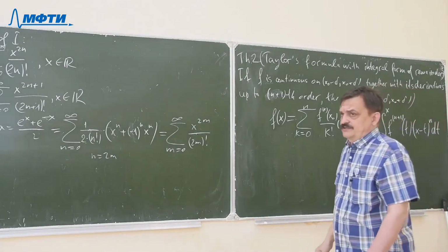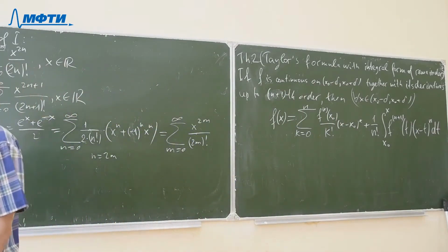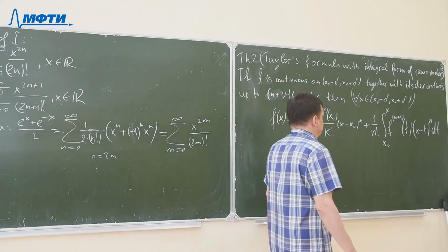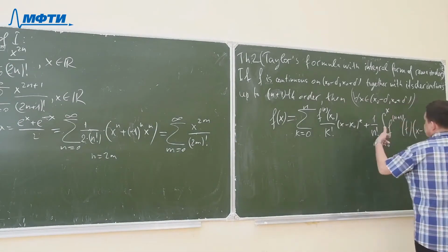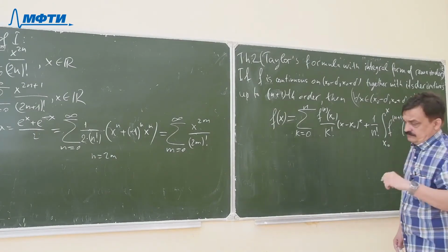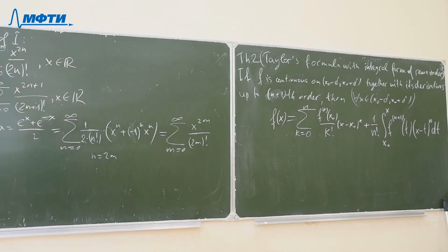And of course we use here the same agreement as usually. I mean that if x is less than x naught, then we should change limits with minus sign before the integral.